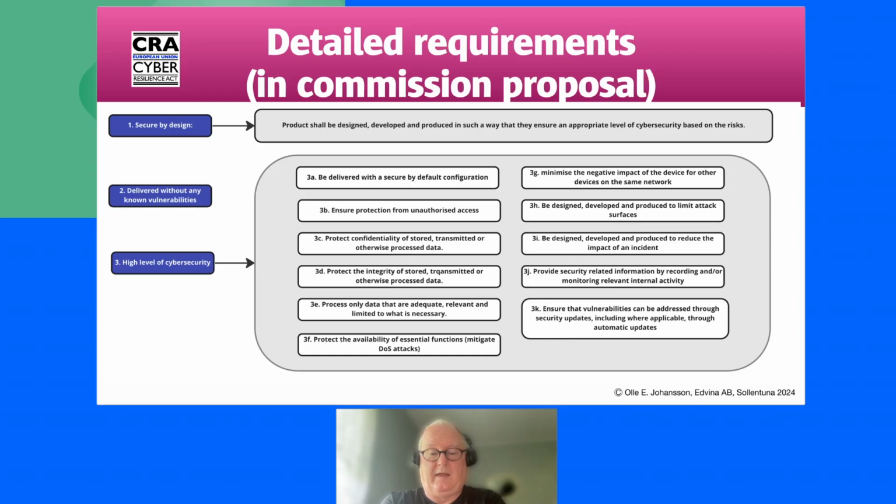They also talk here in 3F about mitigating DOS attacks. Well, how much? How big? What kind of DOS attacks? So there's a lot of questions here in the text, but they're trying hard, and we'll see what happens when we get more implementation guidelines and more horizontal standards. But if you understand the basics here, if you understand the meaning behind the regulation, you can find out what to do in the meantime.